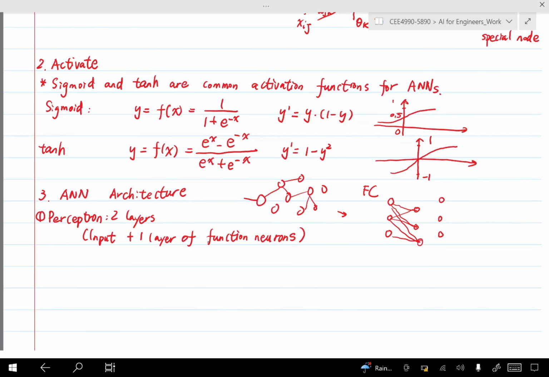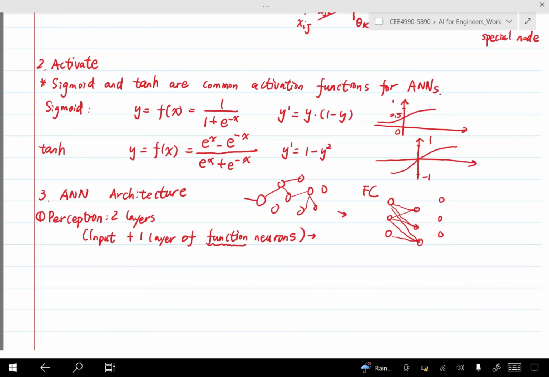Here we call them function neurons because we have some mathematical operations associated with them. For the input layer, there are no complicated operations. We just assign a value to it and then move the value to the next layer. In many cases, we don't count such an input layer as an independent layer. But in the perceptron, it is still counted as one independent layer.